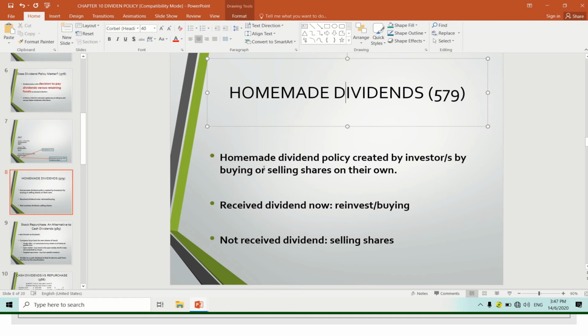For example, some investors buy a stock not for the dividend.